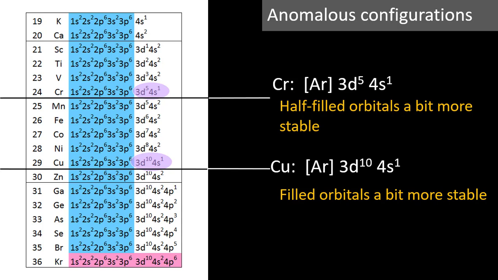Clearly, having 10 electrons in a 3d orbital trumps having 9. This also happens to be true for half-filled subshells. So the 3d⁵ configuration, where there is 1 electron in each of the 5 different d orbitals, carries a little bit of extra stability, and this is the configuration we see.